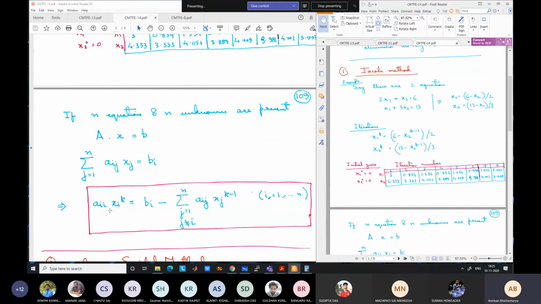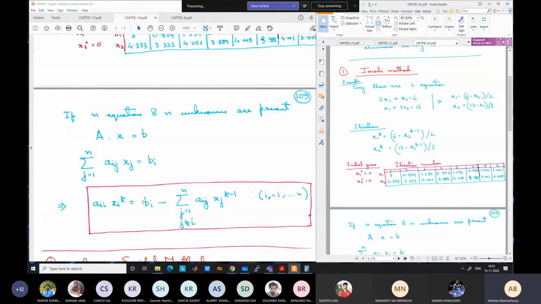So for any i value, what are the unknowns? The unknowns are all the x values from i equal to 1 to n, or j equal to 1 to n, because both are varying from 1 to n.